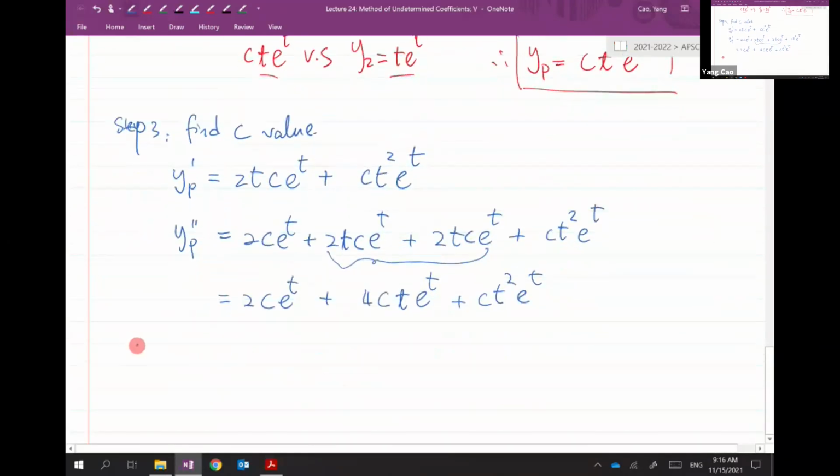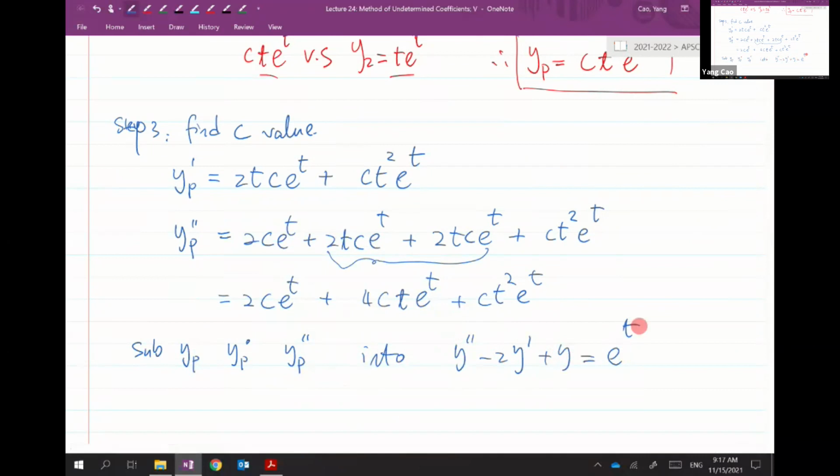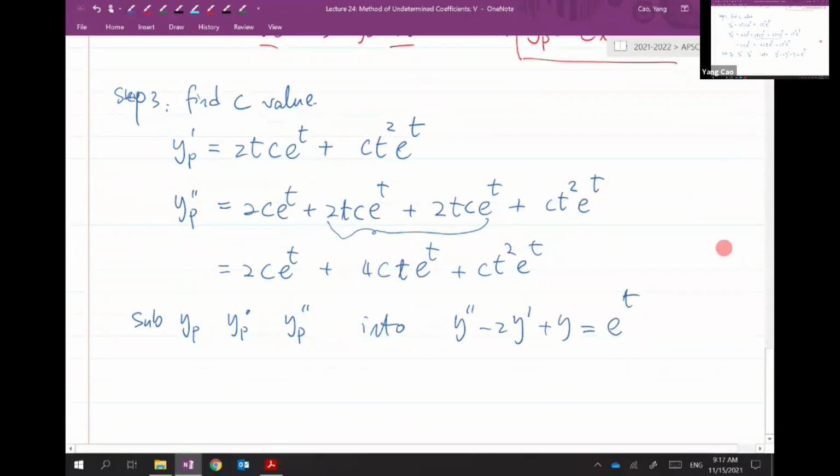Then the next step, you substitute yp, yp prime, yp double prime into your original equation, y double prime minus 2y prime plus y equal to e to the power t. Substitute back into the second order differential equation. This is where you have to be extra careful. When you substitute back, you're supposed to group all the similar terms together.